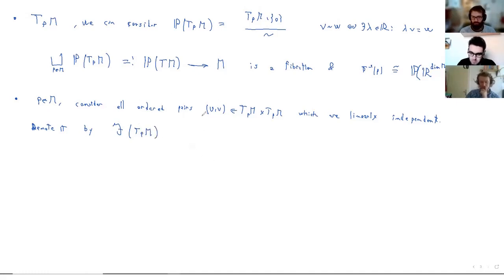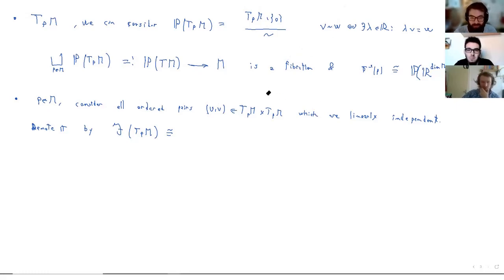So this is the set of all these ordered pairs. Well, sorry, not pairs, my bad, because I was thinking dimension 2.